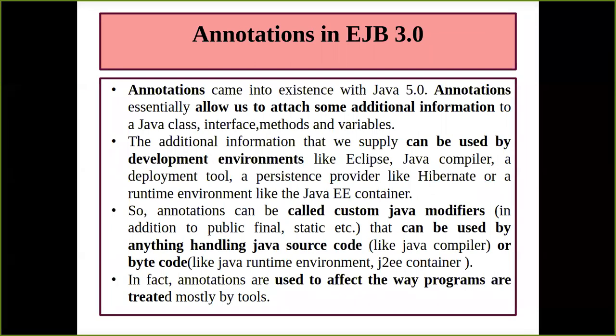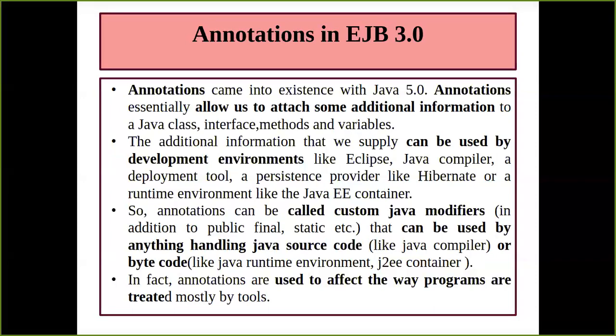In EJB, basically in version 3.0, the annotation was introduced first, and in Java, annotations came into existence when Java 5.0 was introduced. If you remember the evolution of EJB, we had the Java 5th version, where the EJB third version was introduced.